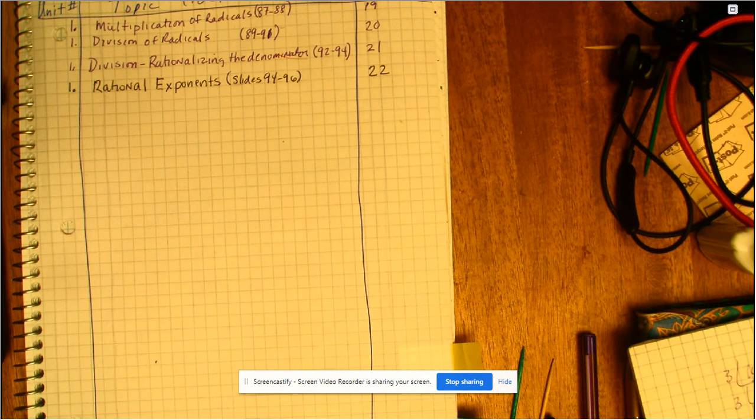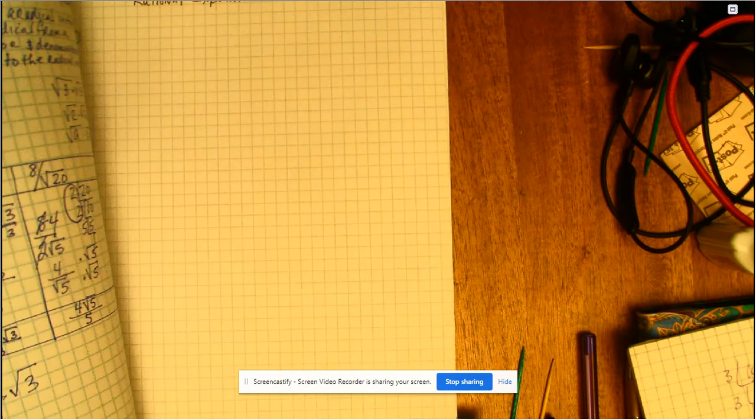I'm going to give you about half a minute here to get your TOC updated, and then we'll proceed with the handwritten notes. Okay, so once you have that done, go ahead and turn to page 22 in your notebook.